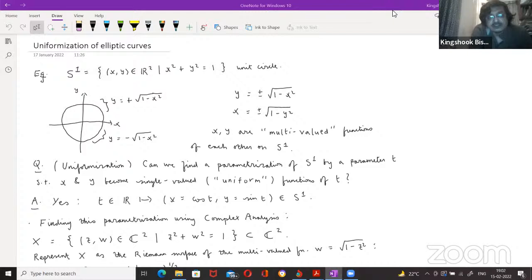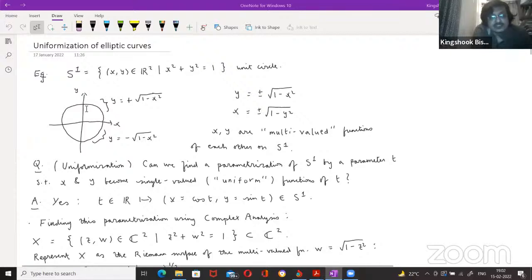So let me start. Well, the word curves is in the title. Maybe the simplest curve that people often think of is the unit circle in the plane, S1. This is the set of points (x, y) in R2 so that x squared plus y squared is 1.